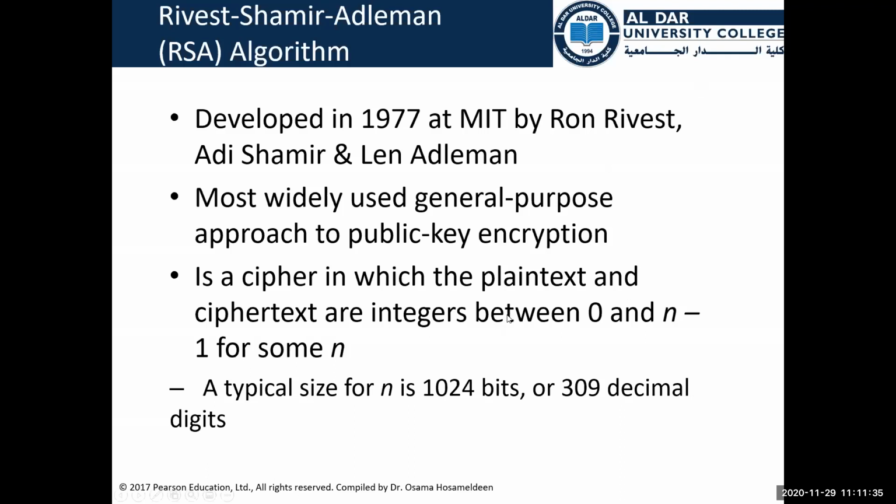That's why they proposed this algorithm, to get rid of the trivial and very insecure method of sending the key between sender and receiver. It is the most widely used general-purpose approach to public key encryption. Whenever you say public key encryption, you say RSA.